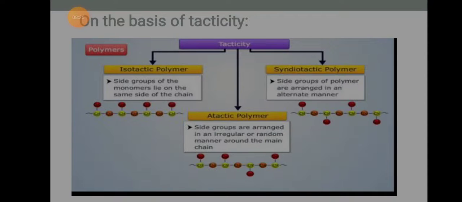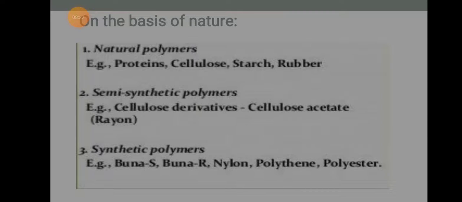Okay, now coming to the classification on the basis of nature. On the basis of nature, there are also three types of polymers known. One is the natural polymer, the second one is the semi-synthetic polymer, and the third one is the synthetic polymer.